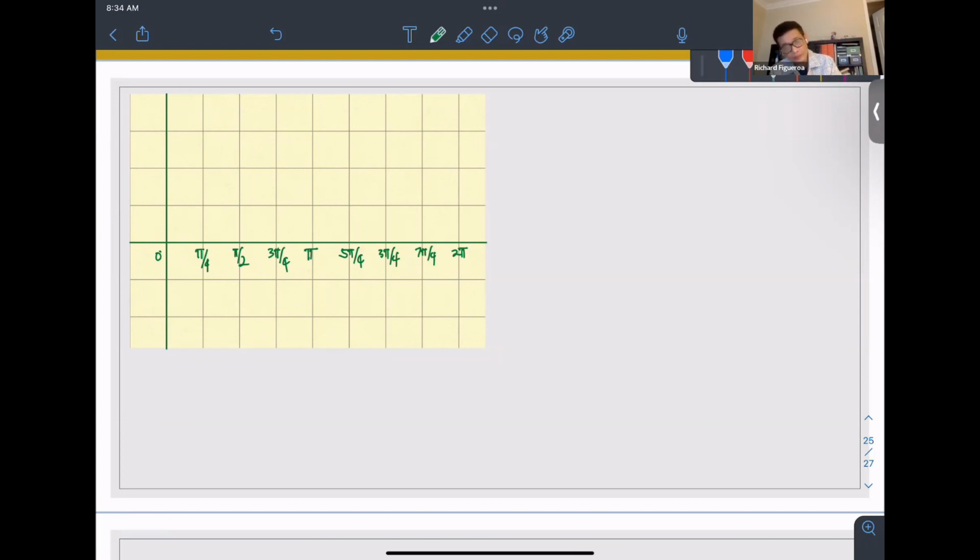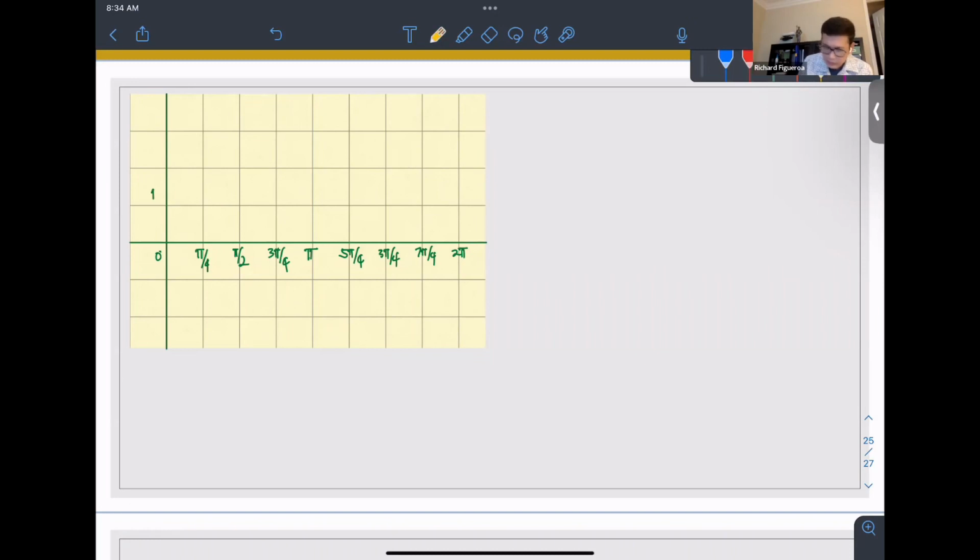For the y-axis, since sine and cosine functions usually have a range from negative 1 to 1, we'll be labeling it with positive 1 and a negative 1 below, because that's the maximum value that we can get for sine and cosine, which is 1.